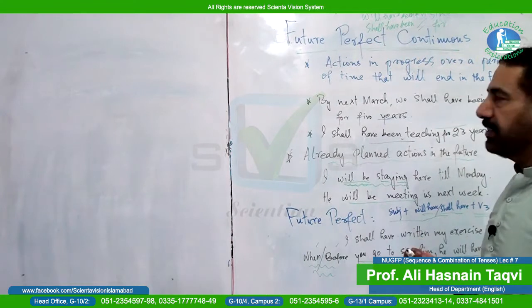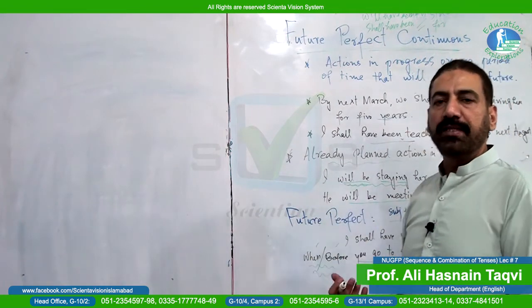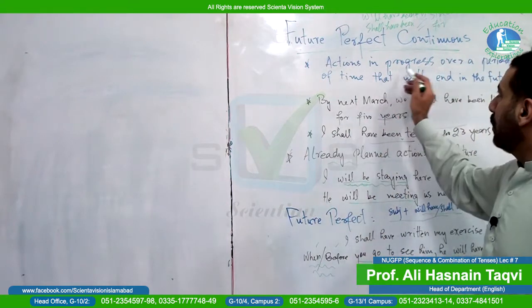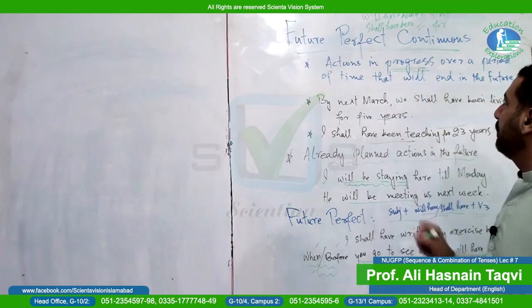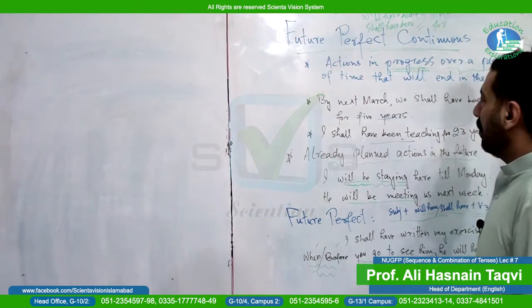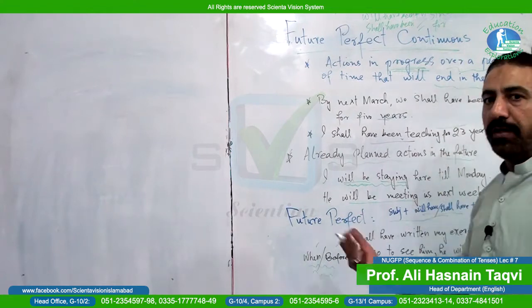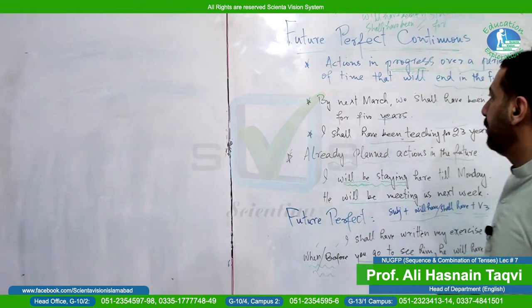Why do we need this tense? Again, it is not commonly used, but if there be a situation where you have to talk about a progressive action which goes on for a period of time and has to end in the future, then you require this structure.